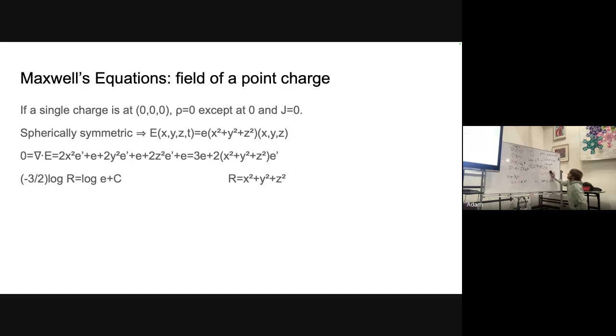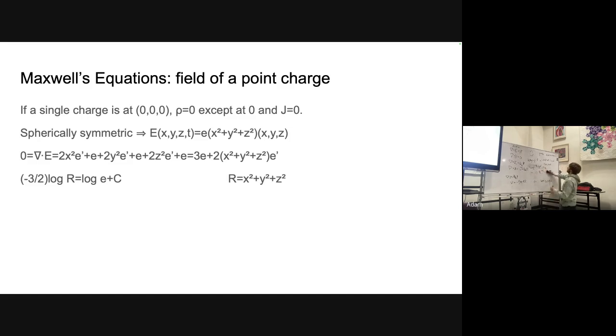Our answer is c e to the power minus 3/2 log r. You can simplify logarithms. Log of a product is a power. This is exp of log r to the minus 3/2. And e to the log is just itself. So that's just r to the negative 3/2.